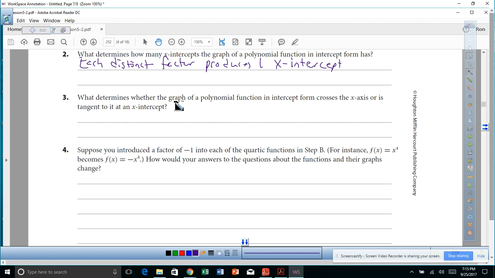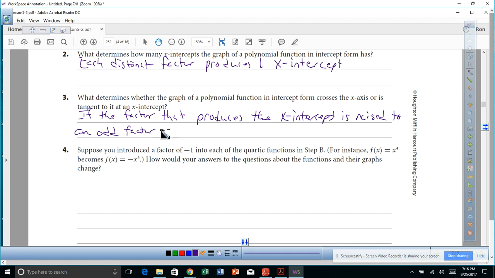If the factor that produces the x-intercept is raised to an odd power, the graph will be tangent to the x-axis.